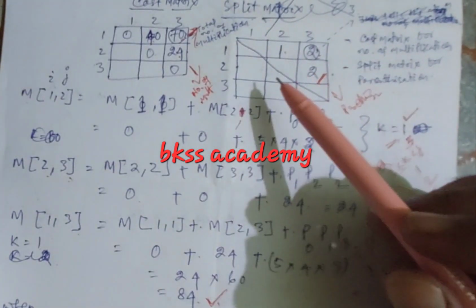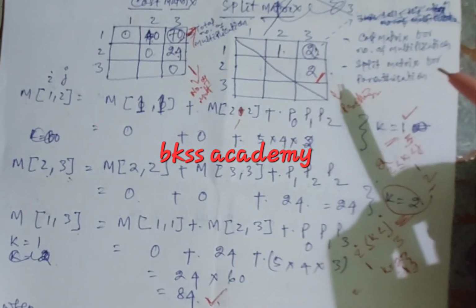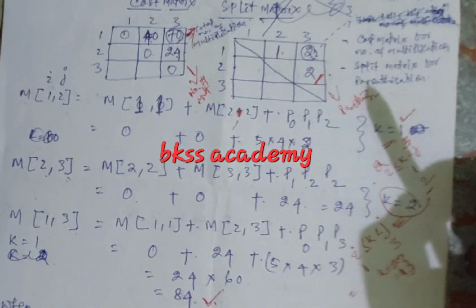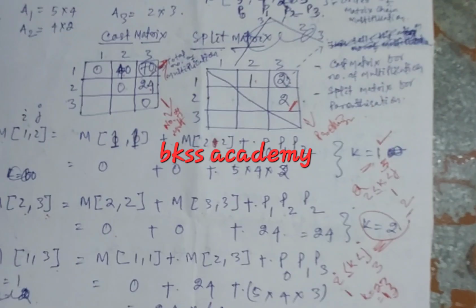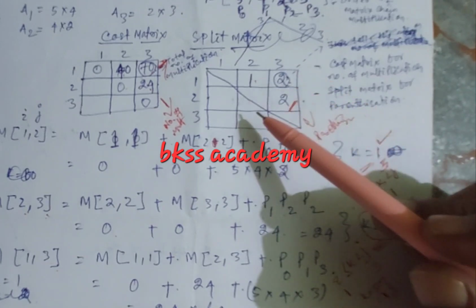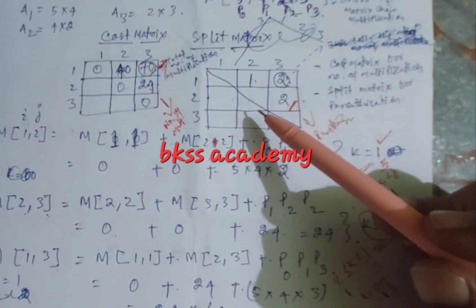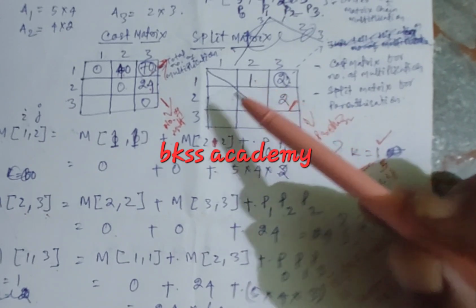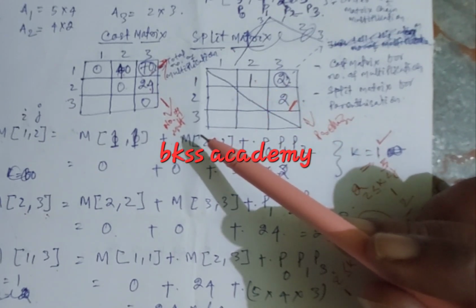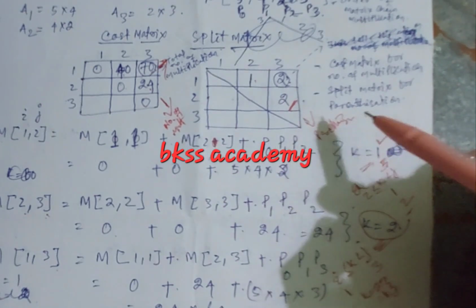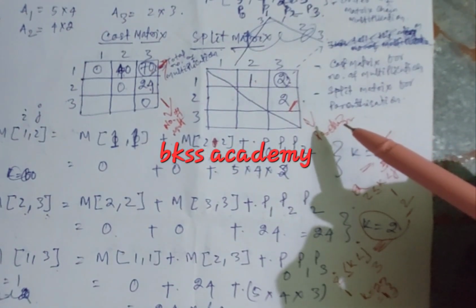At location 1,3 the value is 2. So A3 will be separated first. Then A1 and A2, so A1 into A2 will be multiplied, and that will be multiplied with A3. That will be the parenthesization.